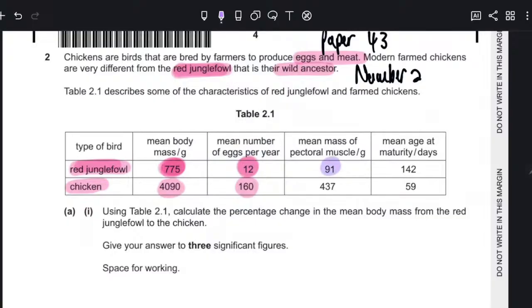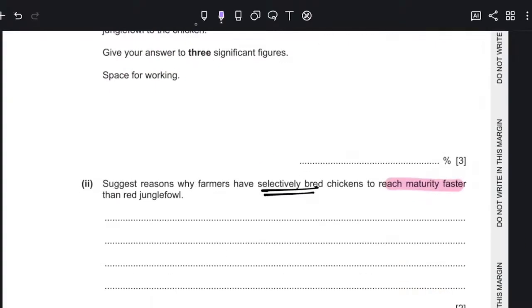I'm going to treat it as if you're in an exam, because it's easy to explain things like this. You are in an exam and you're seeing some words you don't know. Mean age at maturity. These take 142 days to mature. These mature in half the time, in only 60 days. They are fully mature.